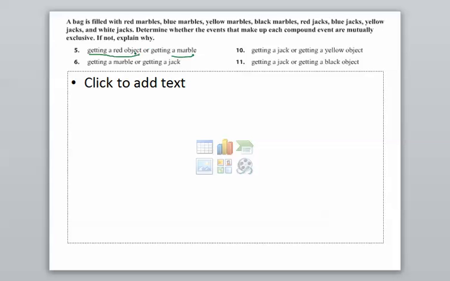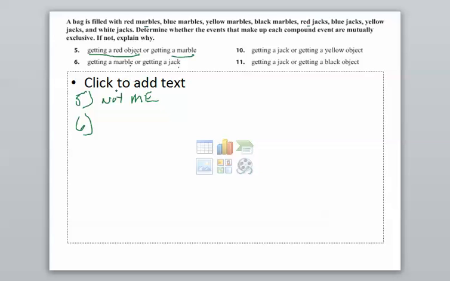Well, the red ones, we have both jacks that are red and we've got marbles that are red. So, since both of them have red things in them, then this one is not mutually exclusive.